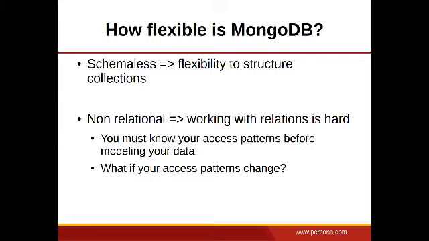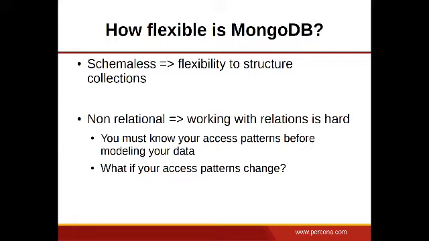That adds a lot of flexibility. However, the non-relational aspect of MongoDB implies that each time you will have to work with relations, you'll have a hard time, because, well, again, you must know your access patterns before modeling your data. And the question is, okay, but what if your access patterns change?